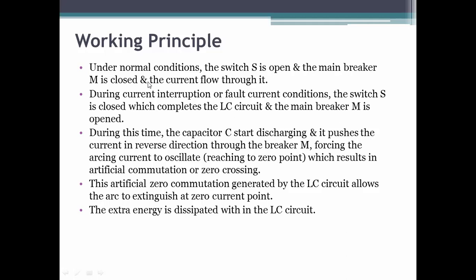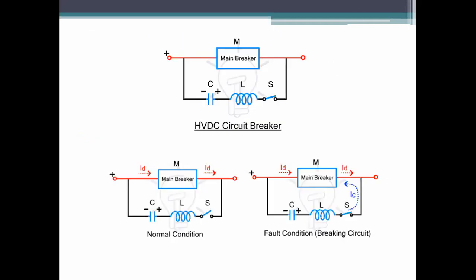But if any fault occurs, the switch gets closed and completes the LC circuit, and the main breaker M is open. So this switch is open under normal working conditions, and only the main circuit breaker is connected.